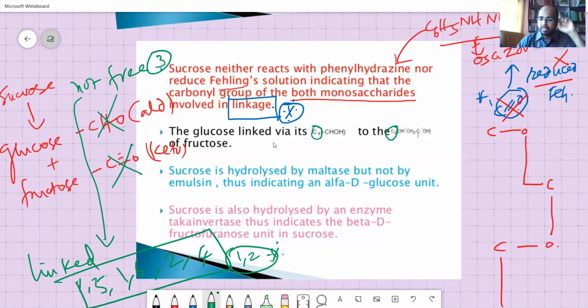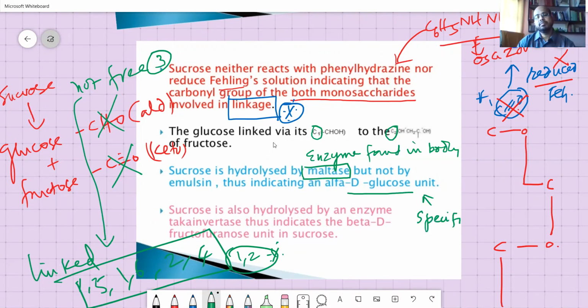Sucrose is hydrolyzed by maltase. Maltase is an enzyme, and you can write this point in the exam too: an enzyme found in the body. But it is not hydrolyzed by emulsin, thus indicating the alpha-D-glucose chain. So this point tells you about specificity.